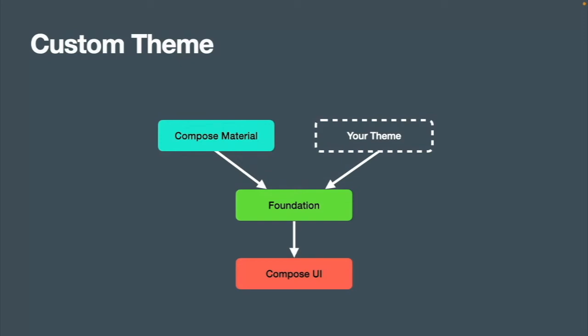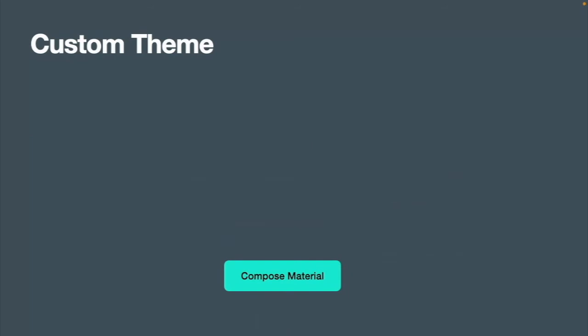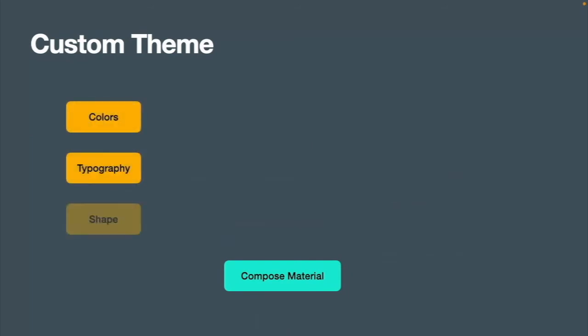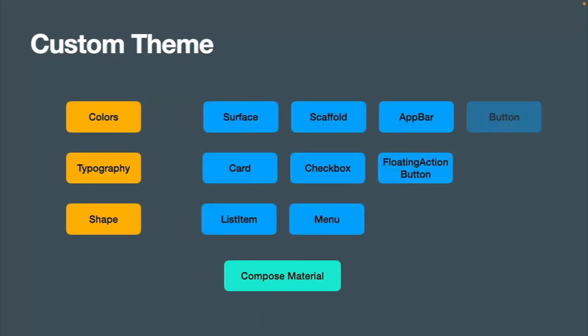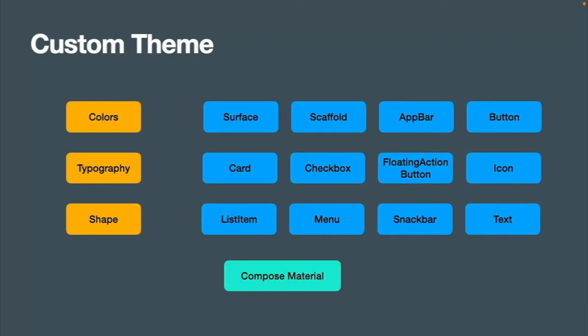Well, in order to do that, it's important to understand what it is that Compose Material is providing. What does it bring to the table? I mentioned before, it has its token systems, and then it has a whole boatload of components. A lot of these components seem like foundational stuff that maybe a framework used to provide, like buttons and text and all of that kind of stuff.